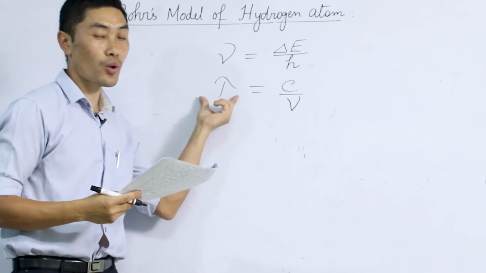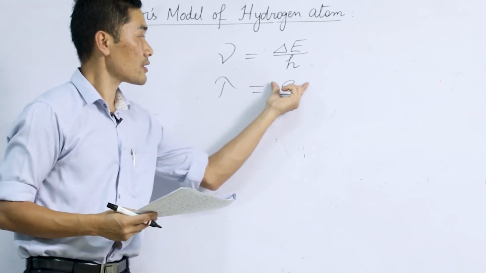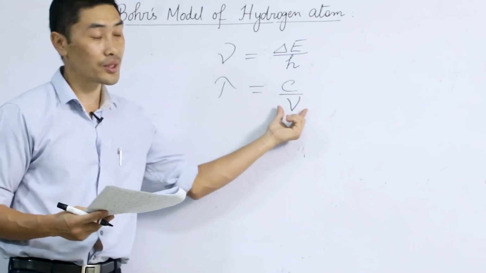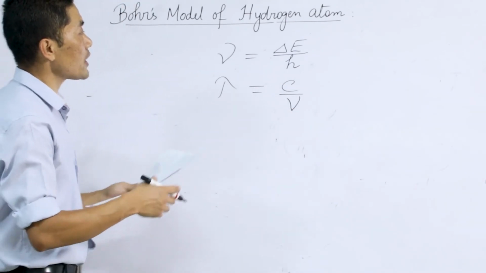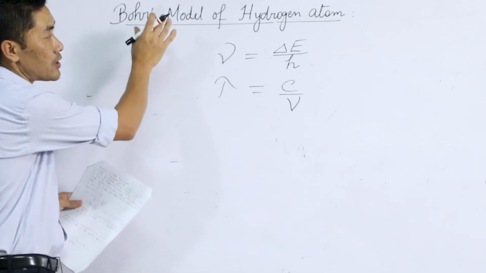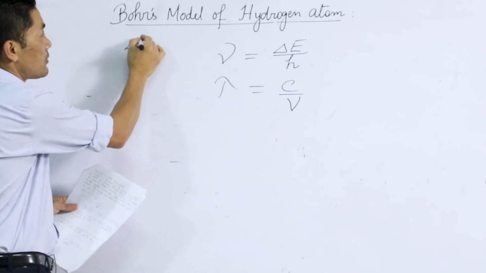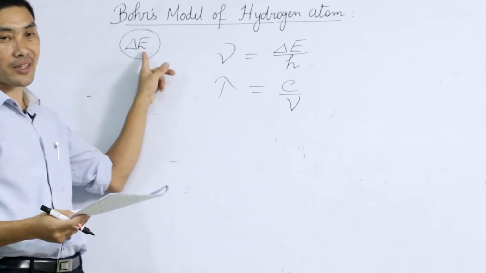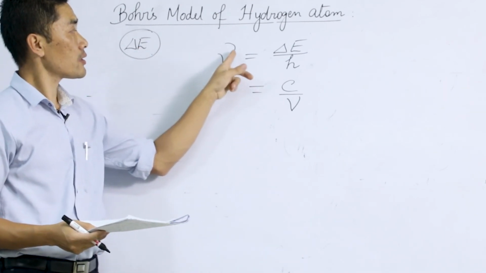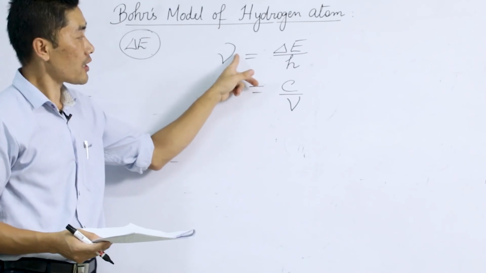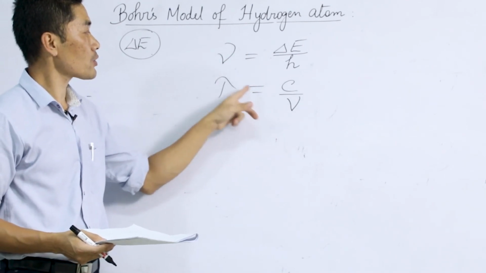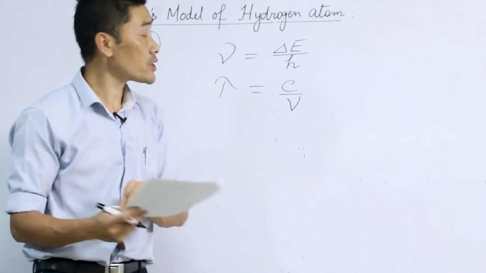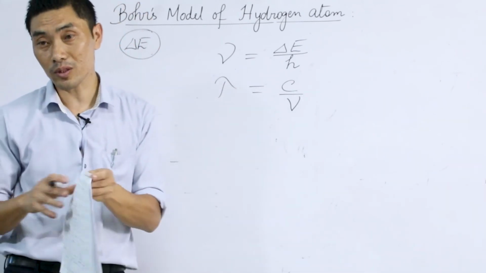Lambda here stands for the wavelength, c is the velocity of light, and nu stands for the frequency. So using the relation we derived earlier, we can calculate delta E, then the frequency, and after that the wavelength using this relation. Keeping this in mind, let us try to solve some problems.